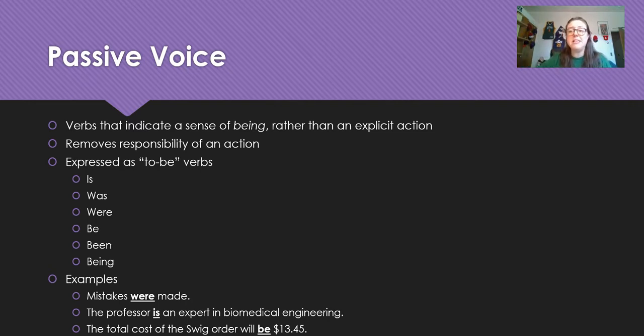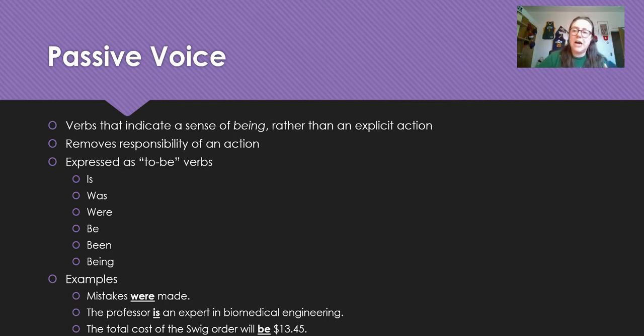But with passive voice, it more or less deals with a metaphysical sense of being. We won't jump into that rabbit hole very deeply today, but really, it's more of an abstract verb. Again, it doesn't really communicate an explicit action, rather it's just saying, okay, this is just how things are. We'll explore that in just a second.